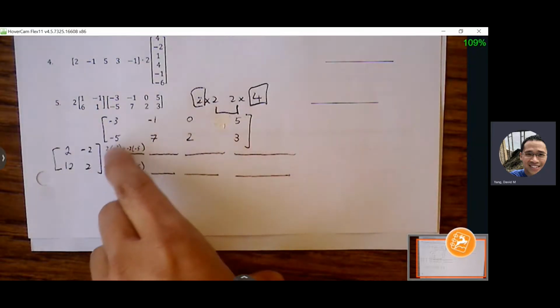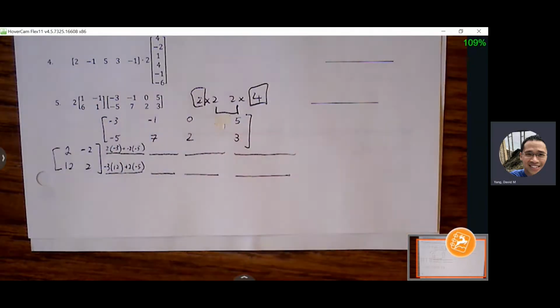So I like to space out my second matrix so that I can give myself a lot of space to total my values together.